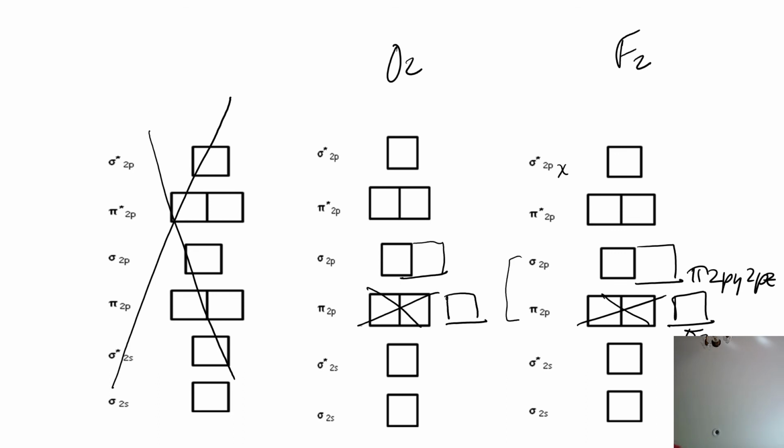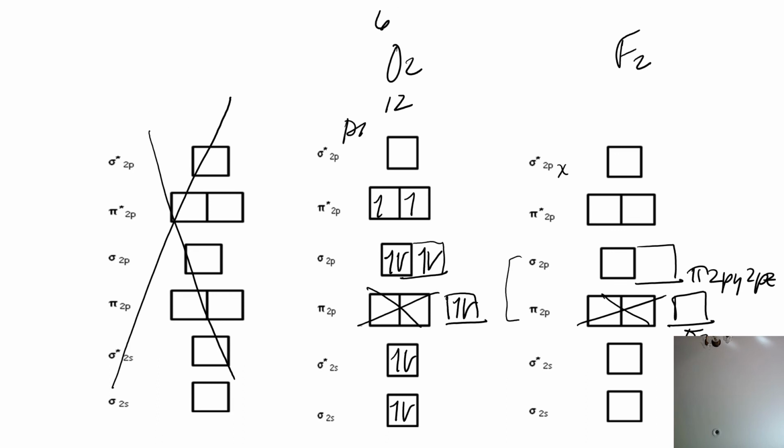So oxygen has 6 valence electrons. So we have a total of 12 here, filling our molecular orbital diagram. And 2, 4, 6, 8, 10, 11, 12. So this is what explains the magnetism of the O2 molecule.